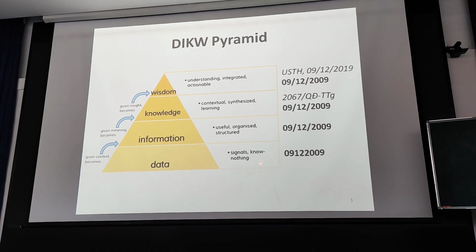And if we are given some context information about the data, we have the information. Now we learn about how we create the data and how we manage the data to have the information.